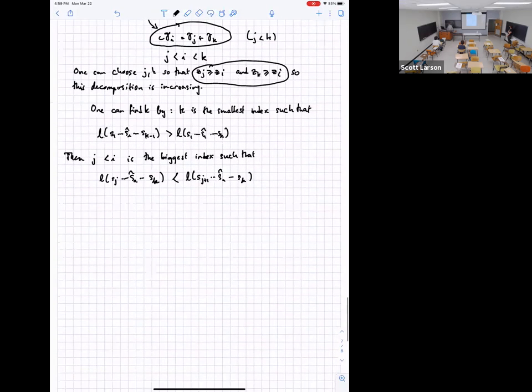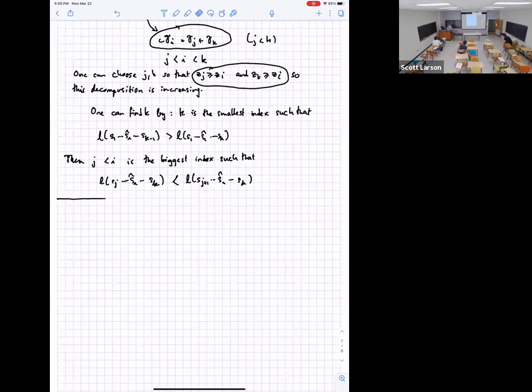Well, where it comes in is the following. We have the inclusion of the point xb into the flag variety x, which is just G mod B. So in the equivariant K theory of x, we have the class of the structure sheaf of the Schubert variety x of w.